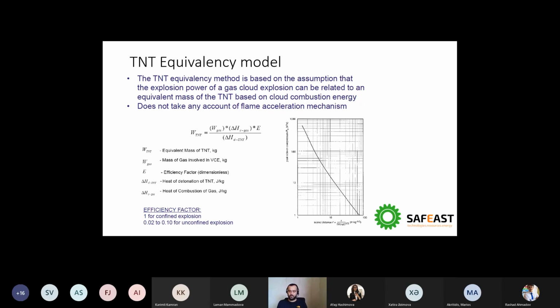This is a very simple model and does not really represent the actual situation, because, as you can imagine, it cannot take into account the flame acceleration mechanisms we discussed, like deflagration, detonation, confinement, and congestion. It's just a simple conversion of the gas cloud explosion to an equivalent TNT amount.